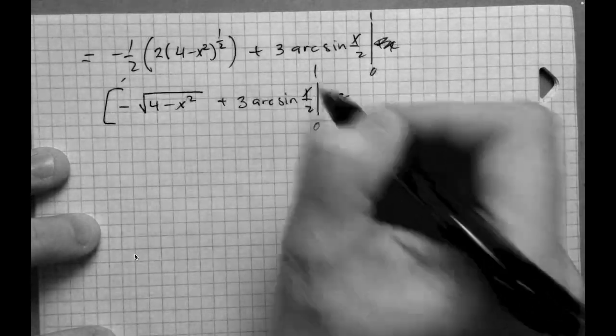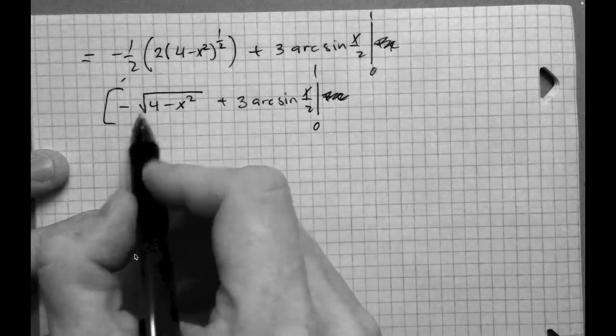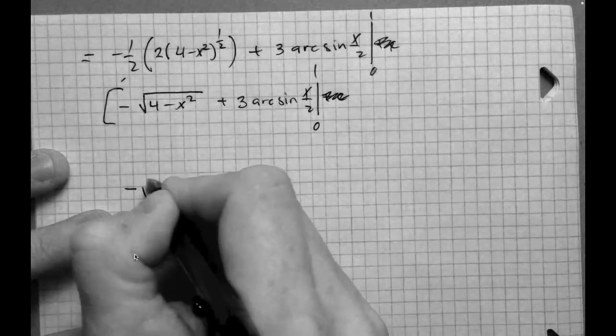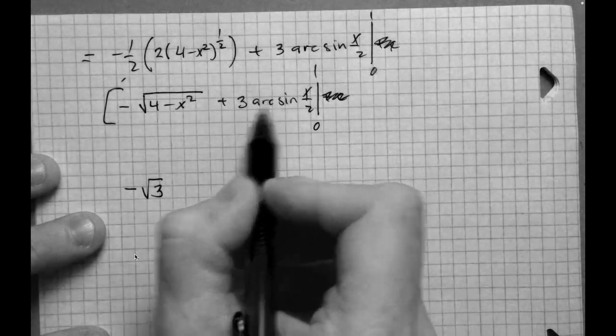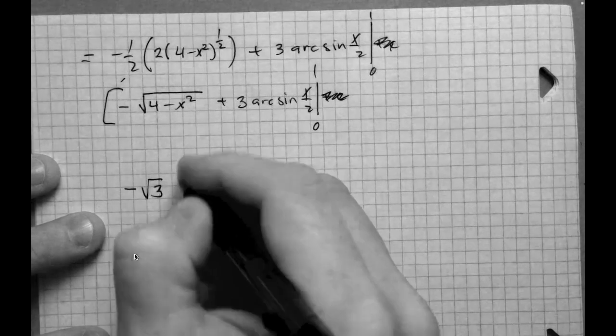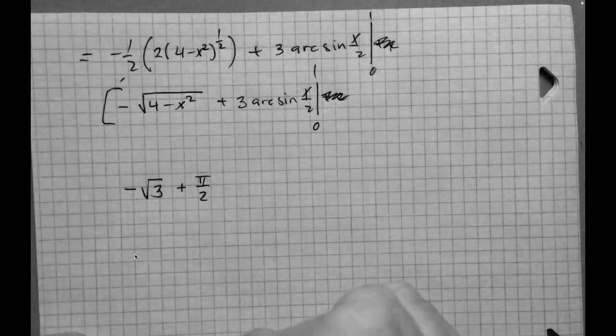Okay, so we plug in 1 for everything here, and we get, let's see, this will be negative square root of 3 plus 3 times the arc sine of 1/2, and that turns out to be pi over 2. Kind of looking ahead at that.